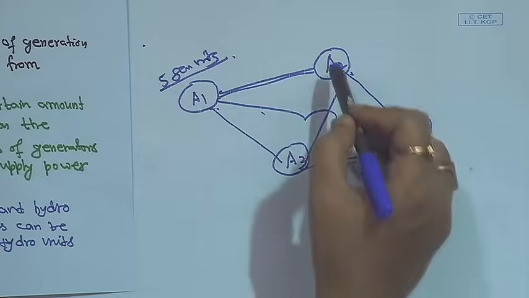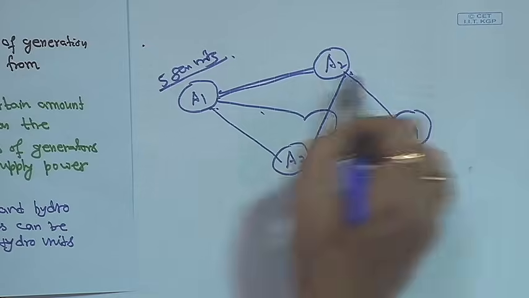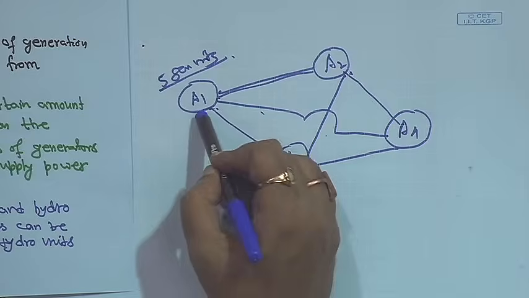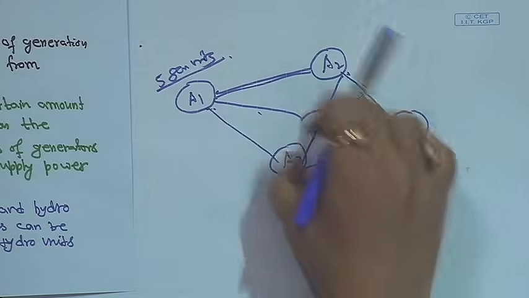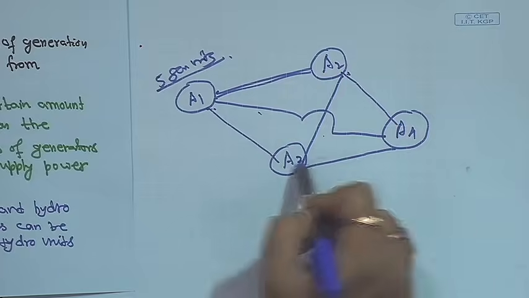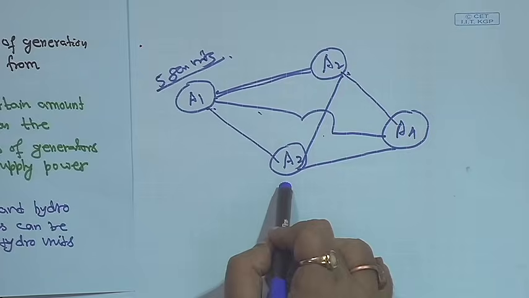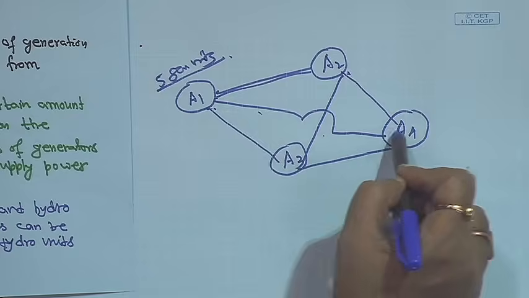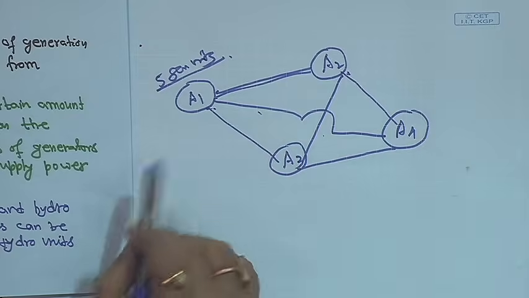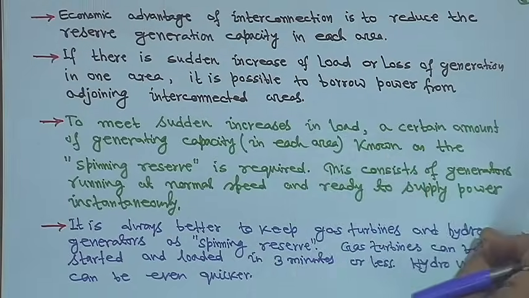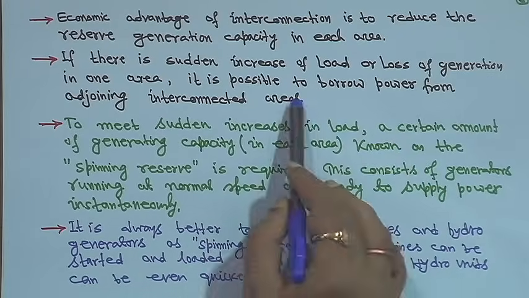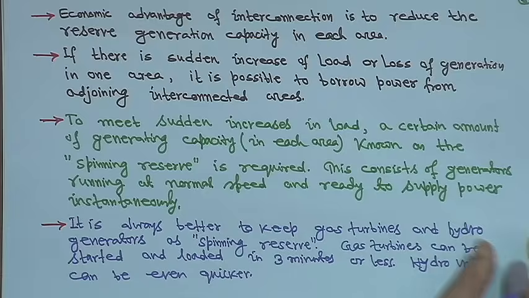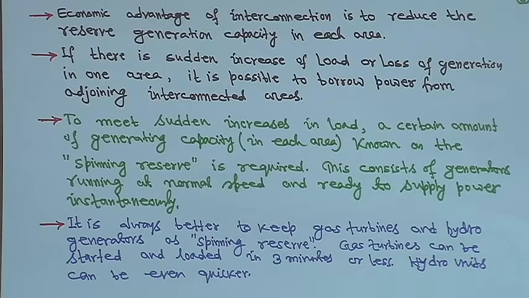So in that case, from these adjoining interconnected power systems, this additional load can be supplied, assuming they have sufficient generating capacity to supply it. So that's why if there is a sudden increase of load or loss of generation in one area, it is possible to borrow power from adjoining interconnected areas. So these are the major advantages of interconnected operation.